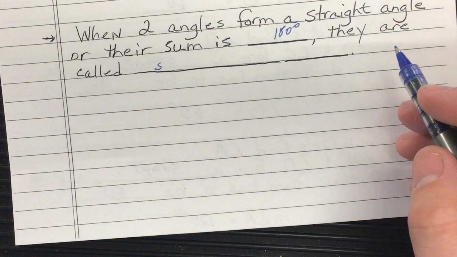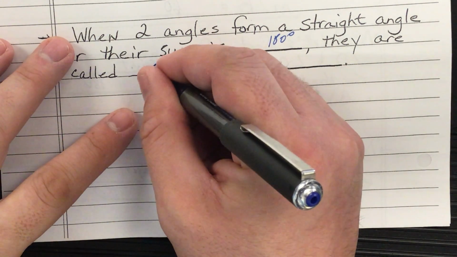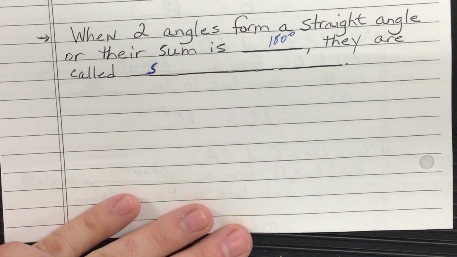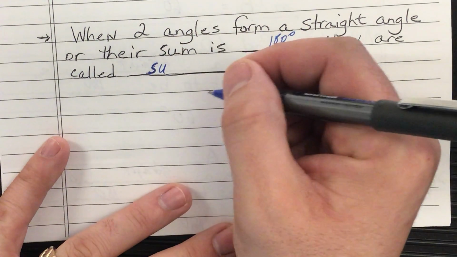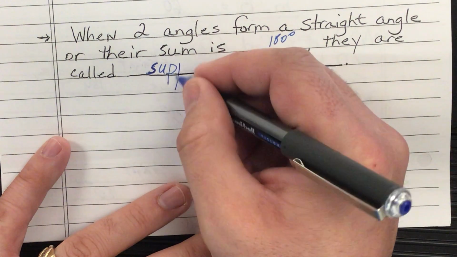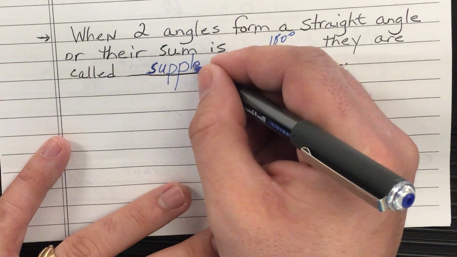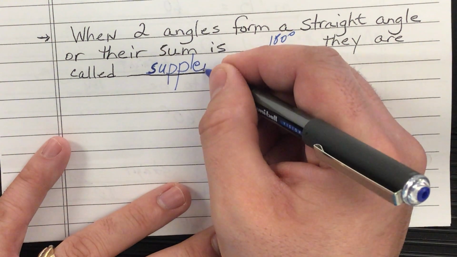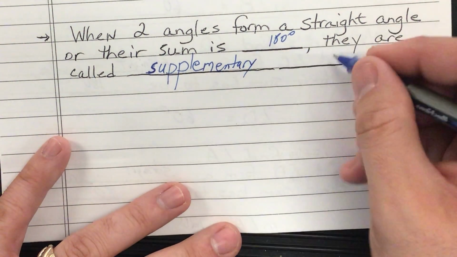No, guys, it does not show an E. It shows like a G. That's an S. Supplementary. Supplementary.